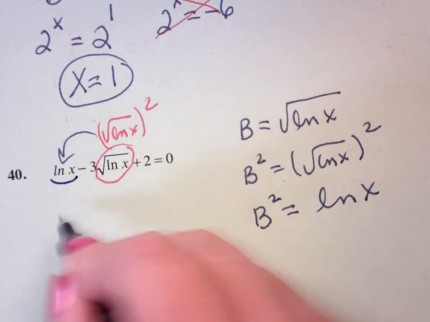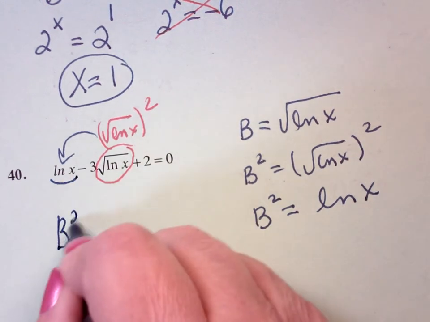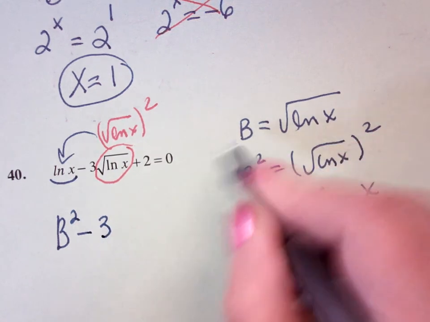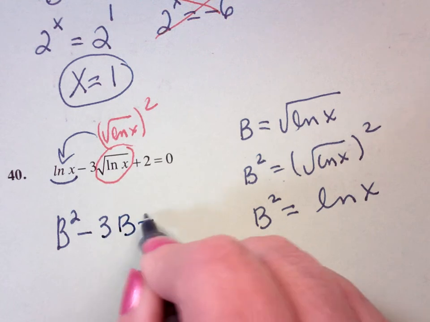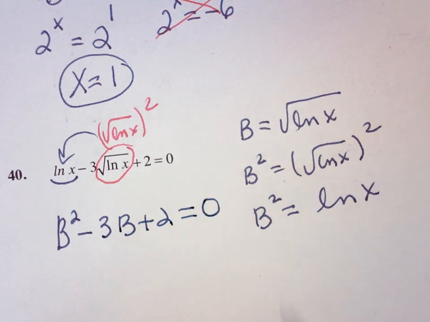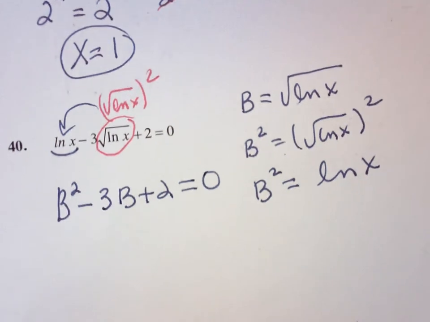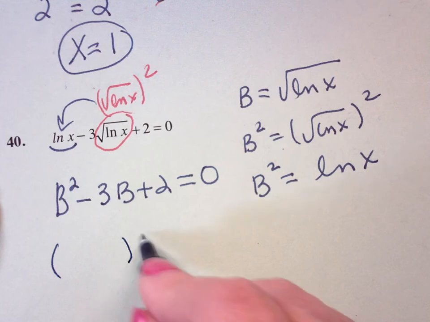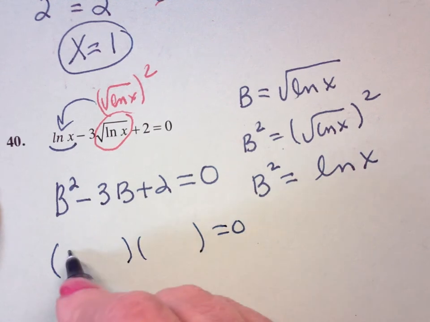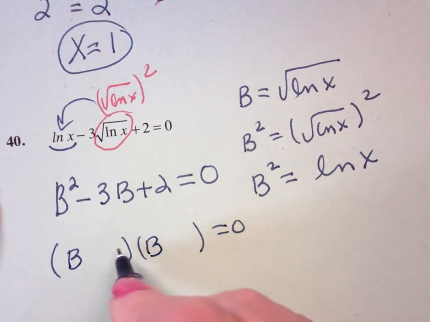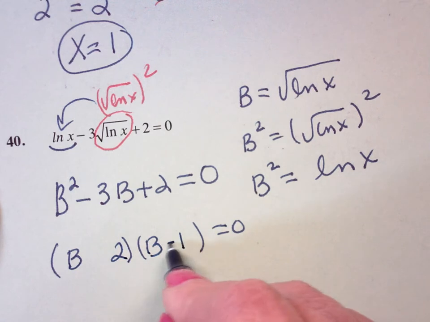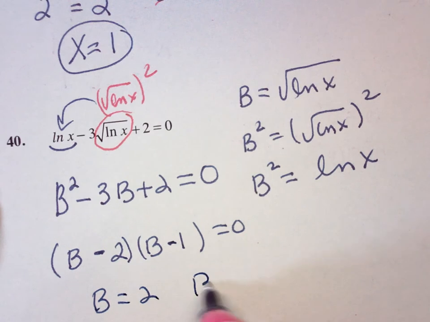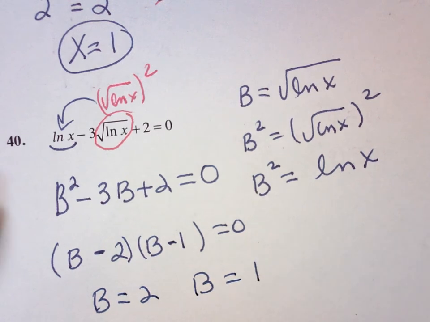The natural log of x is b squared minus, the coefficient is 3, square root of the natural log of x is b, plus 2 equals 0. And this factors: b minus 2, b minus 1, both minus, so that b is 2, b is 1, and now I go back.